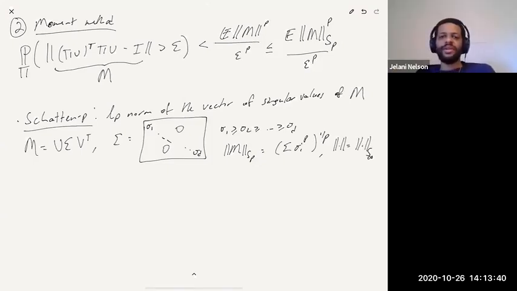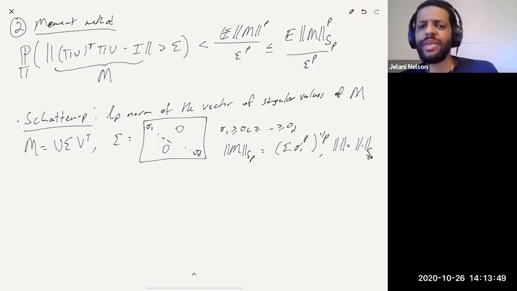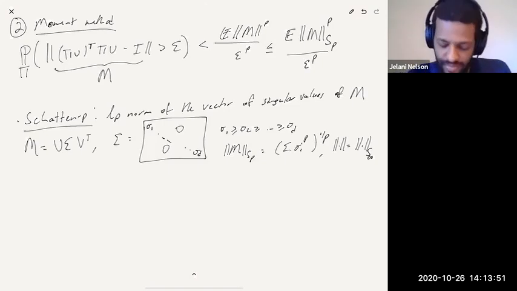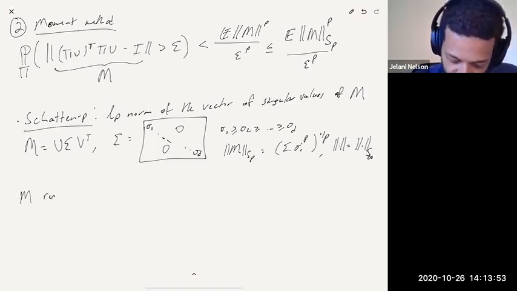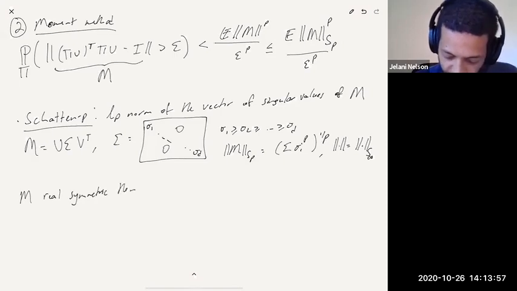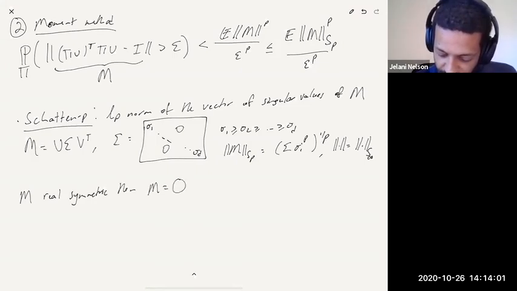And a nice thing to observe, here's a little bit of linear algebra. If M is a real symmetric matrix, then I can write M as Q lambda Q transpose, where Q is an orthogonal matrix.